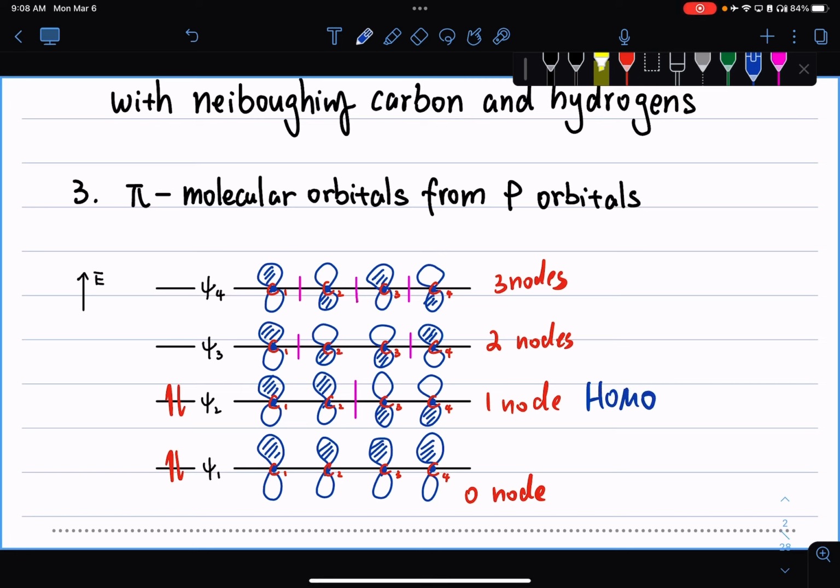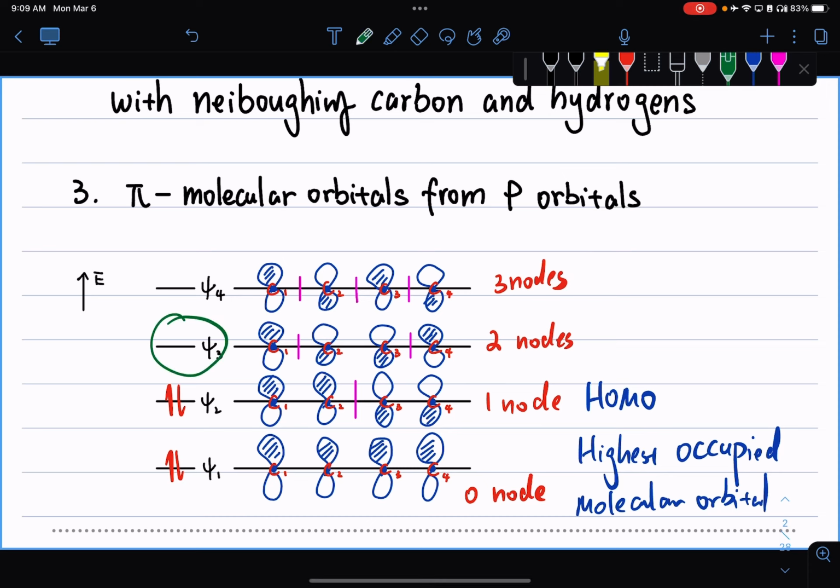What HOMO means is the highest occupied molecular orbital. And then our phi 3 is another special case. That's our LUMO, or in other words, the lowest unoccupied molecular orbital.